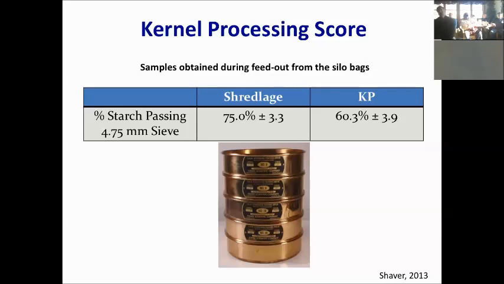They also see some improvements in pack density and in fiber digestibility. And I believe in both of the studies that Randy has run with lactating cow data, they have seen improvements in milk persistency in cows fed shreddlage versus normal KP kernel processed corn silage.